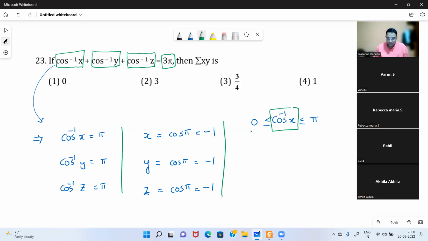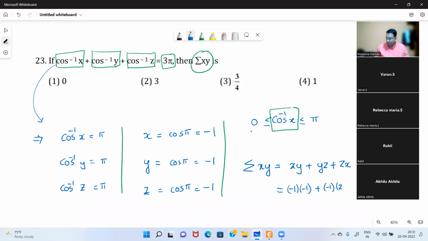Okay. Now the question is sigma xy. Already I had told you how the summation has to be taken. Cyclic it must be: xy plus yz plus zx, 3 terms. So what is x? X is minus 1. Y is also minus 1.